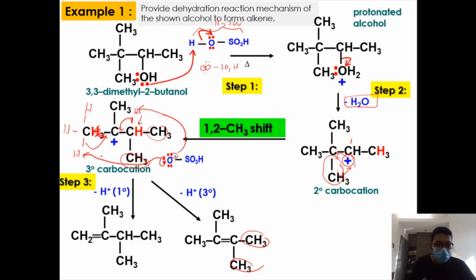So this is going to produce a double bond as shown here. So this is going to produce a minor product, and the other step is going to produce a major product. So this clearly shows that the 1,2 methyl shift is important in order to create a major product.